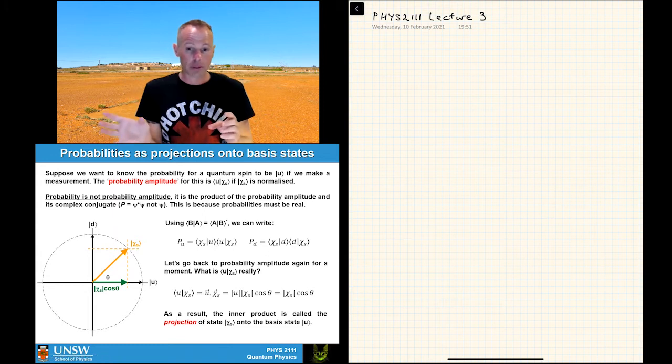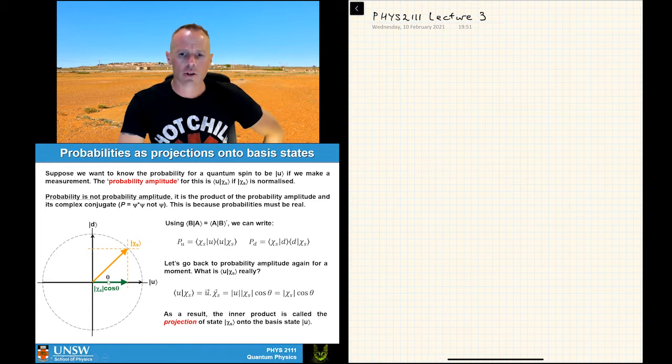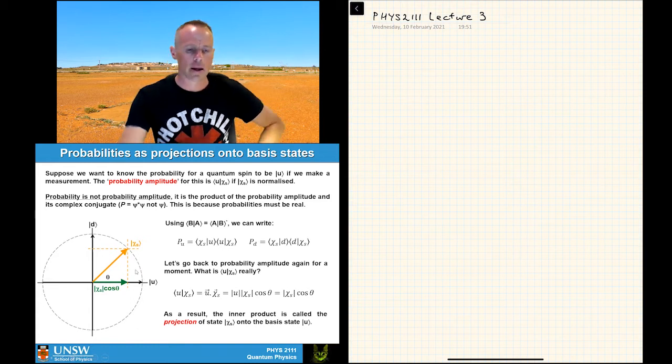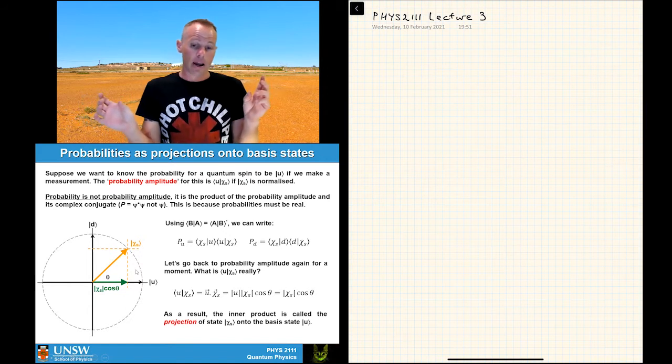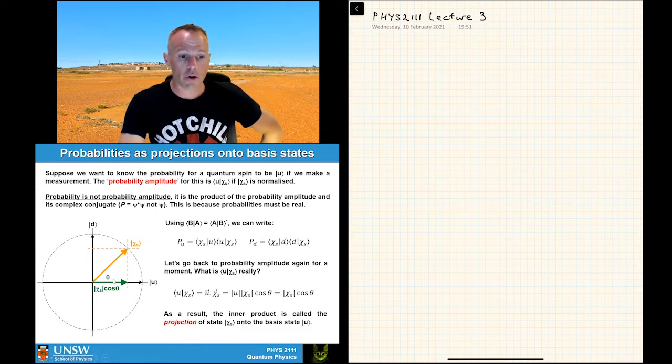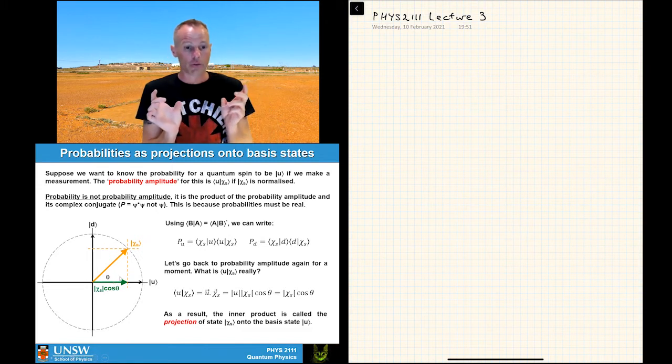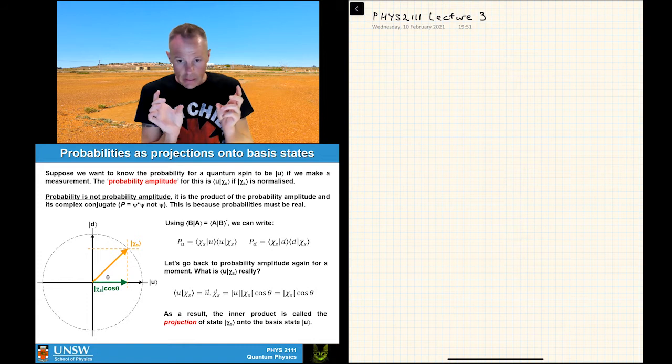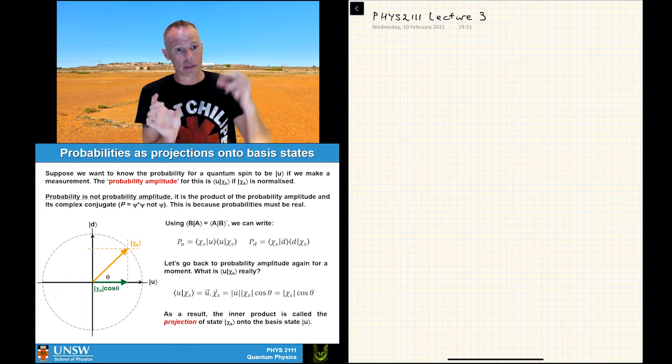It's a 50% mix of up and down as a possibility. And you can imagine if we brought this vector round on this unit circle over to here somewhere, it's going to be a little more up than down. And so, correspondingly, the magnitude of that product is going to be larger than it will be in the other direction.